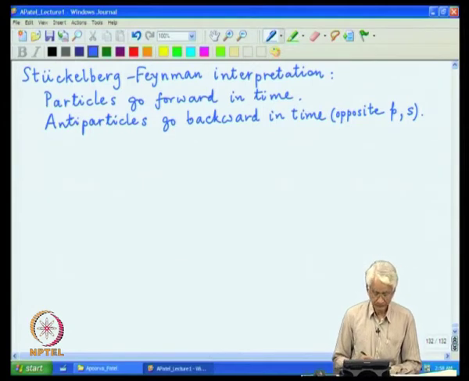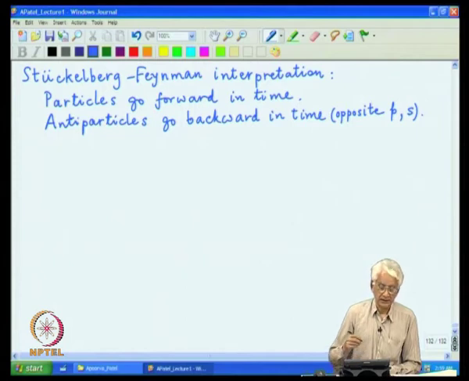We will see the details of that particular language today, in particular introduce the interactions of electrons with the electromagnetic field and see how the propagator gets modified because of this particular interaction.